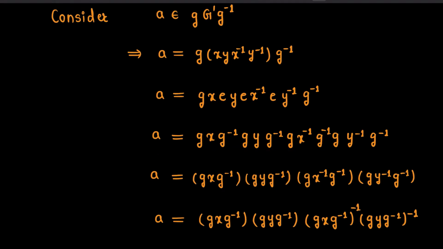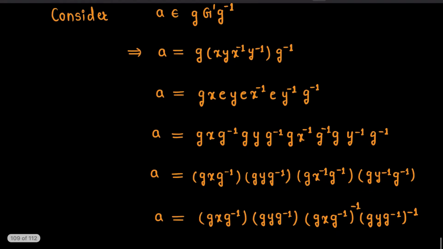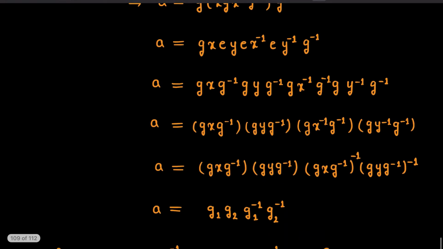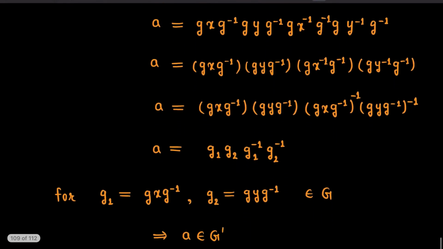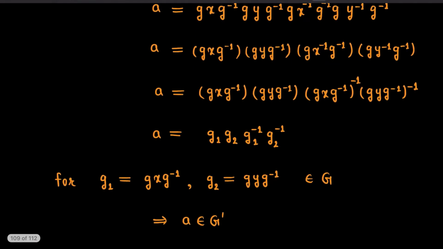Now in the next step, using associativity in group G, this can be written as this. Now note that gx⁻¹g⁻¹ is equal to (gxg⁻¹)⁻¹ and gy⁻¹g⁻¹ is equal to (gyg⁻¹)⁻¹. This follows from a socks-shoes property.